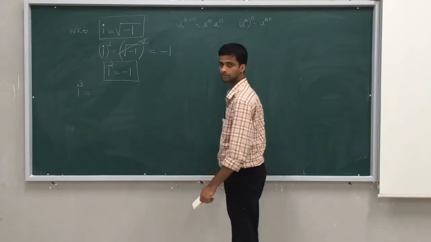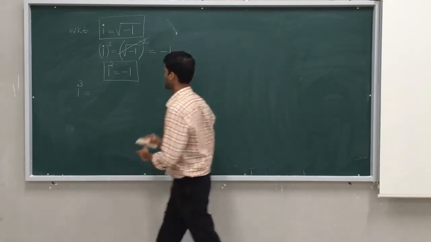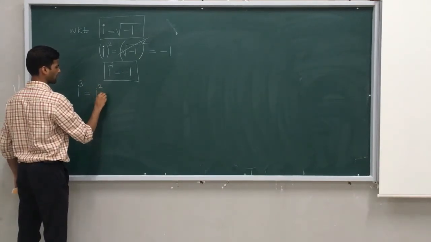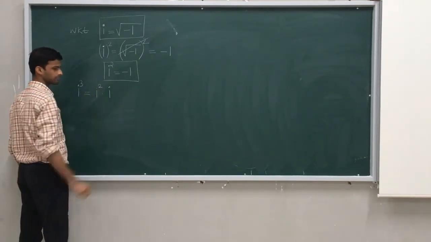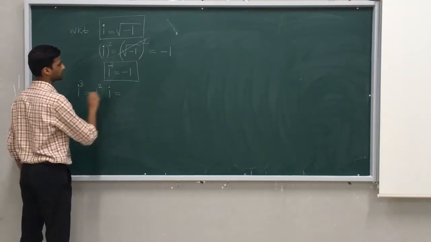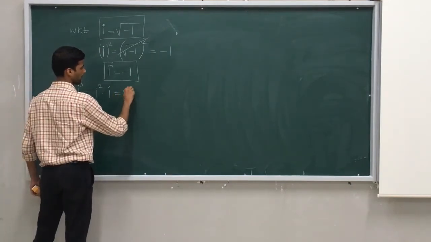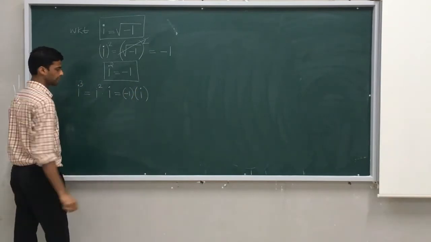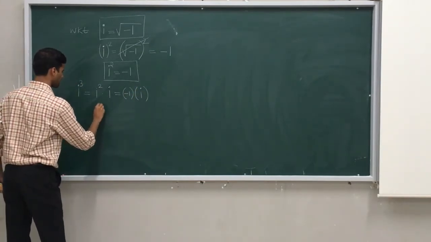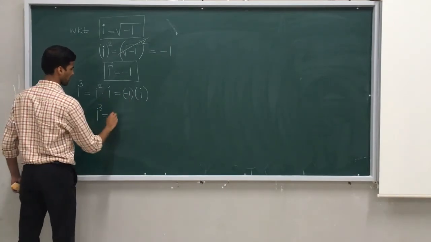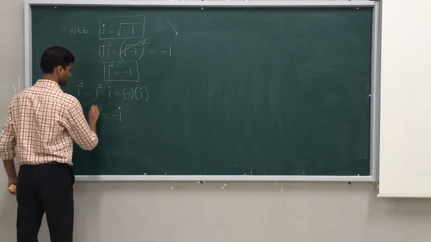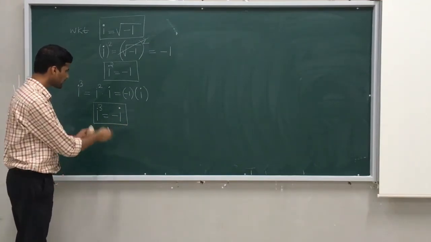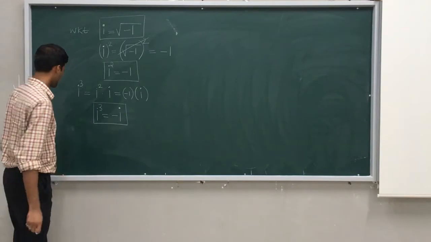Therefore, I'll write i cube as i square into i. i square is minus 1, so minus 1 into i. With this I get i cube is minus i. This is the way I can develop my theories.